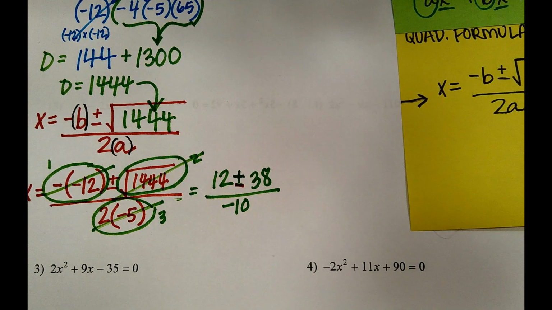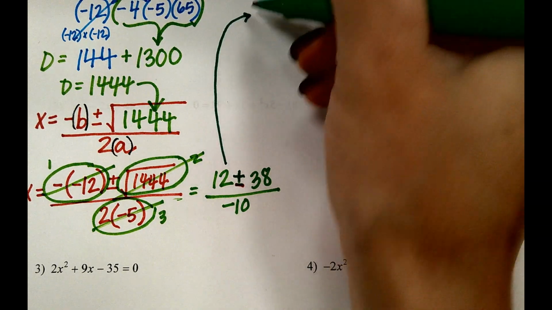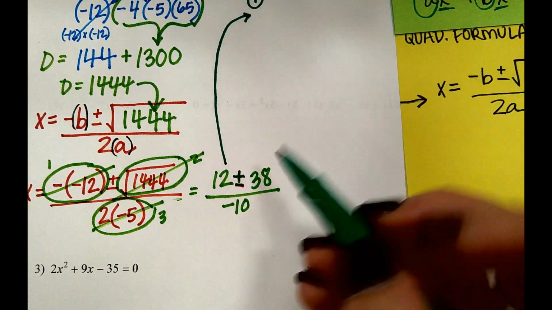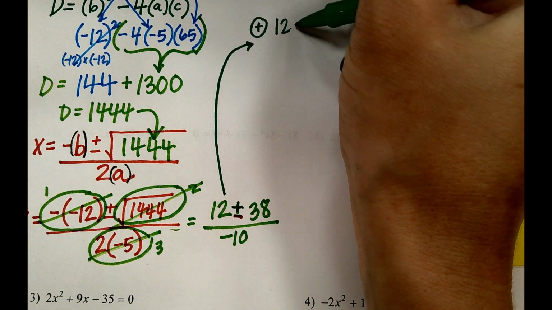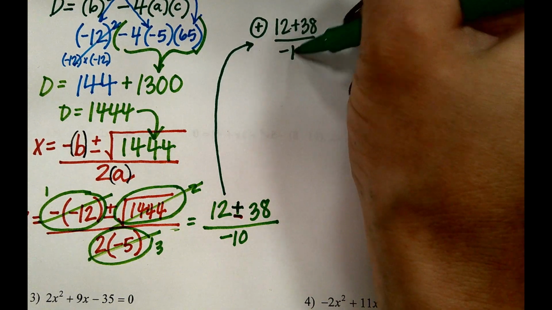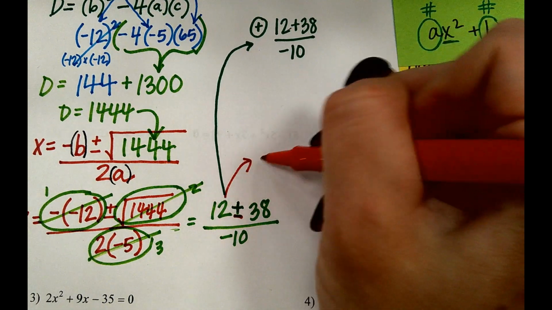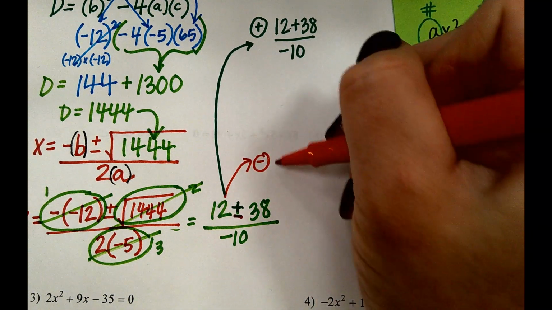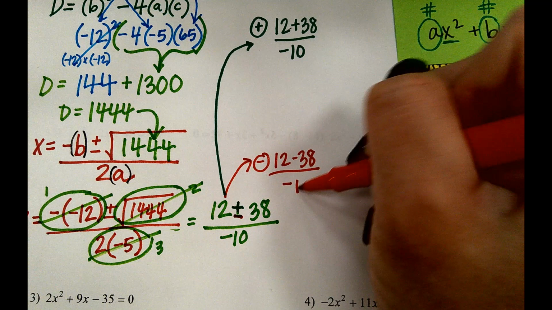It just means that we're going to do 2 problems. So here's my plus: 12 plus 38 over -10. And my minus: 12 minus 38 over -10.